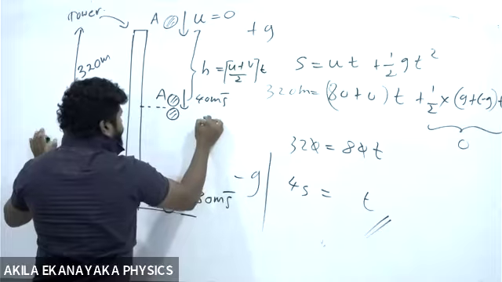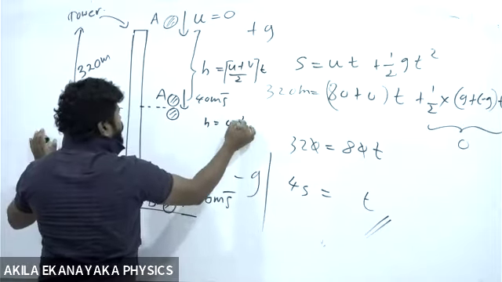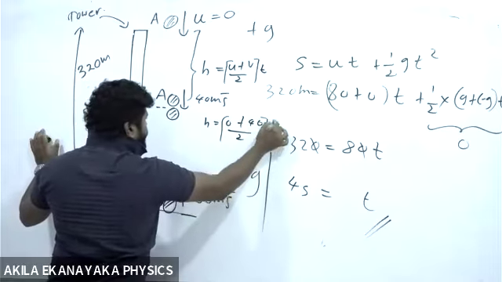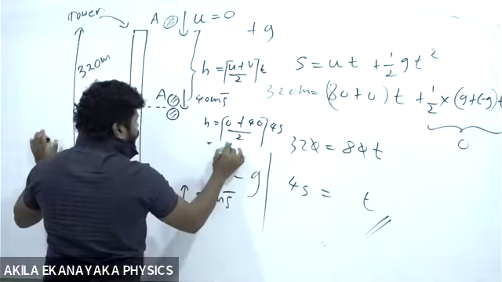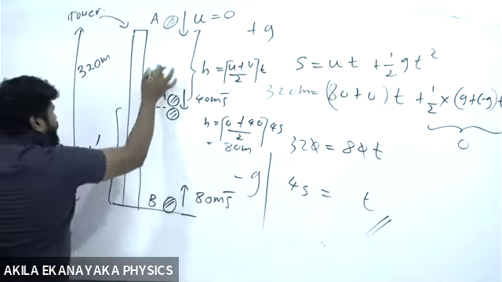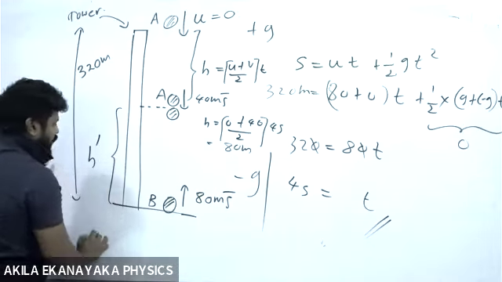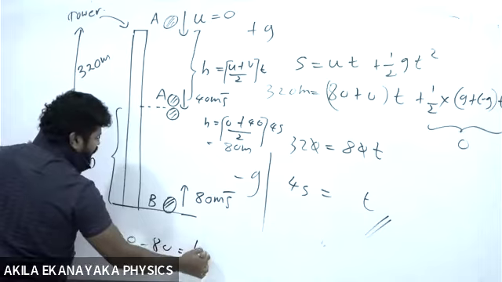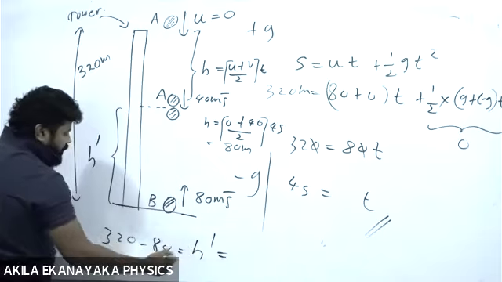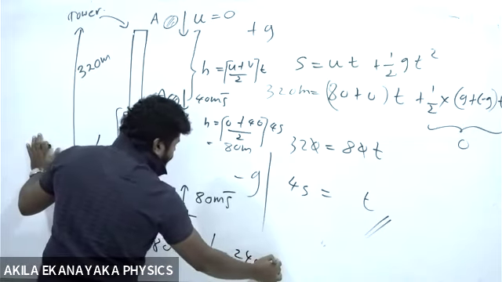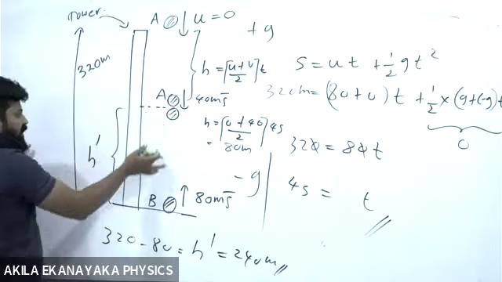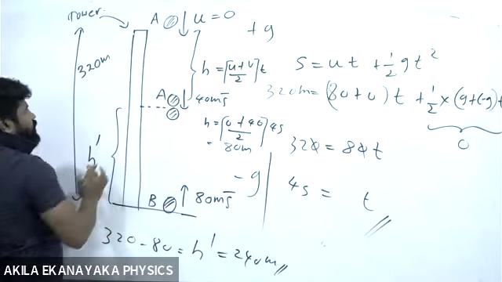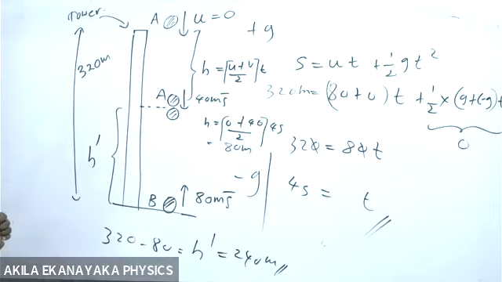Then h means 0 plus 40 over 2 times 4 seconds, then 80 meters. The h is 80 meters, then h dash: 320 minus 80 equals h dash, that means 240 meters. The distance traveled by the B object is 240 meters. The distance traveled by the A object is 80 meters.